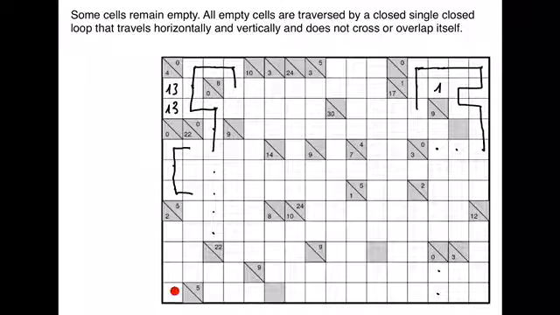This cell can't be in the loop because it would have to go backwards and overlap itself. So it has to contain a digit, and this sum of 2 can be made with only one digit. It has to be this 2. So there again, we have a drawing like this.